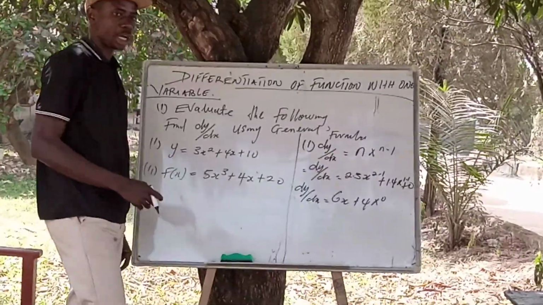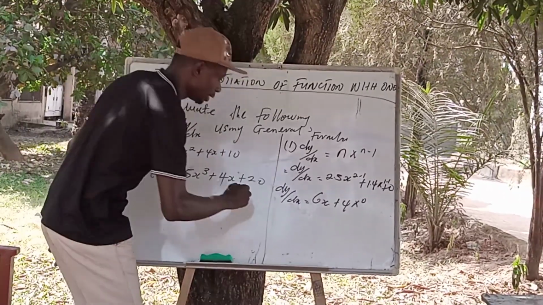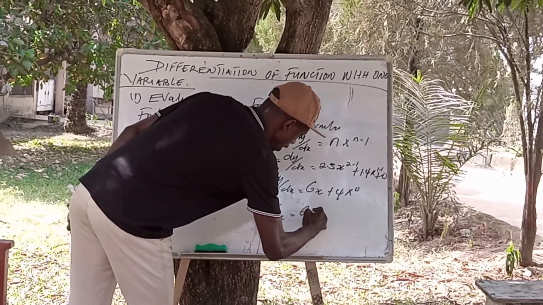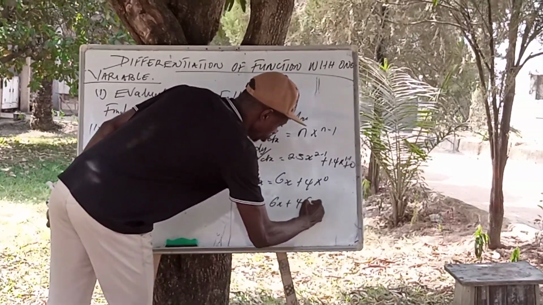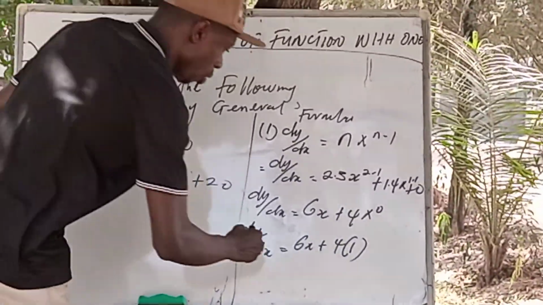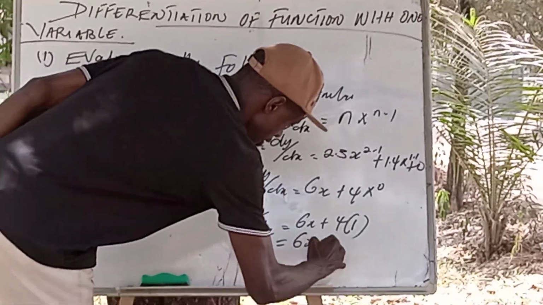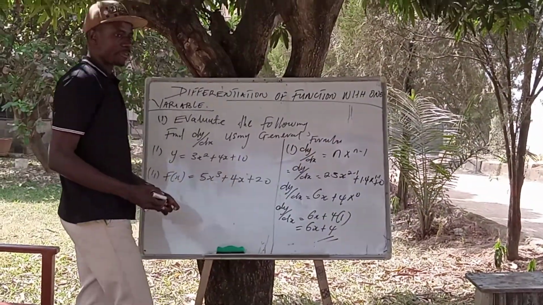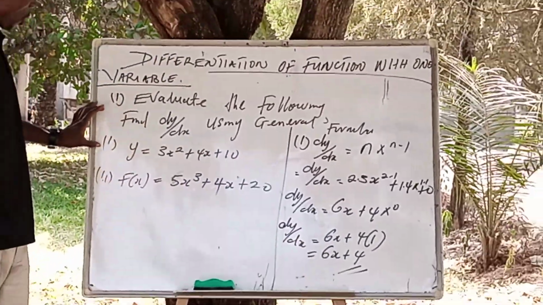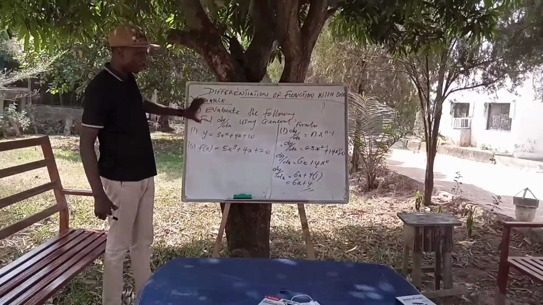Any number raised to power 0 is 1. So dy/dx is equal to 6x plus 4 times 1, because any number raised to power 0 is 1. So dy/dx equals 6x plus 4. This is the answer for number 1 using the general formula.